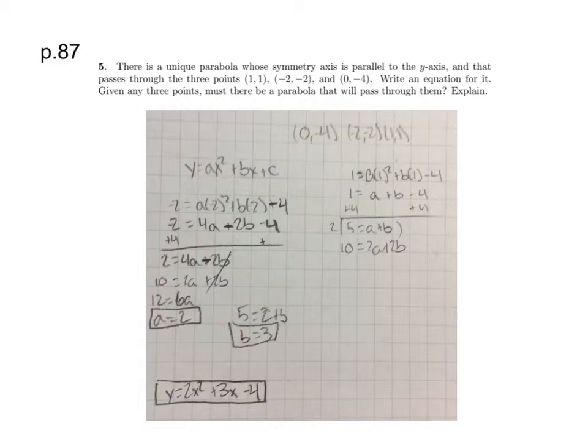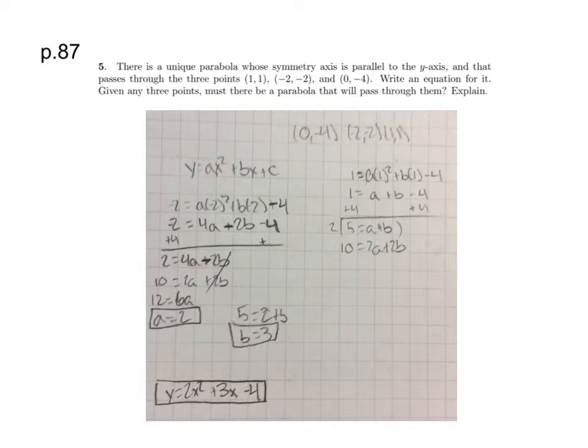We used 1, 1 for x and y, and we got 1 equals a plus b minus 4. We added 4 to both sides, and we got 5 equals a plus b. Since we needed to get rid of the negative 2b, we multiplied each side by 2, and we get 10 equals 2a plus 2b.